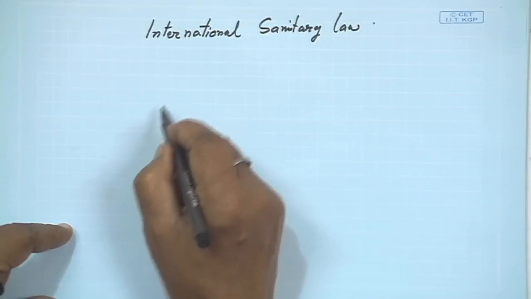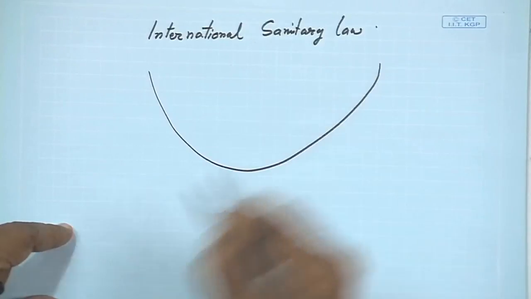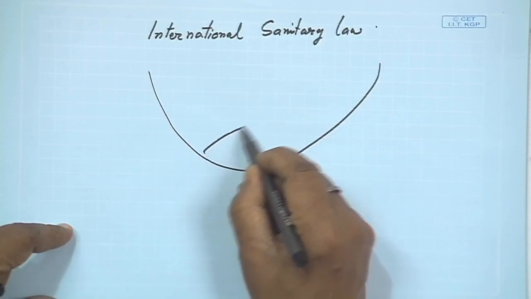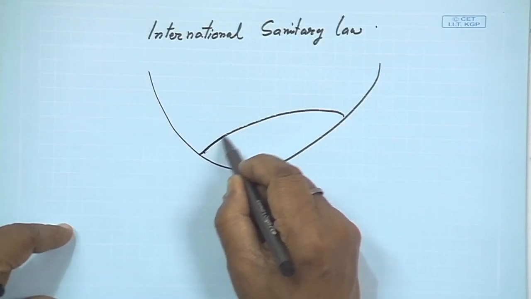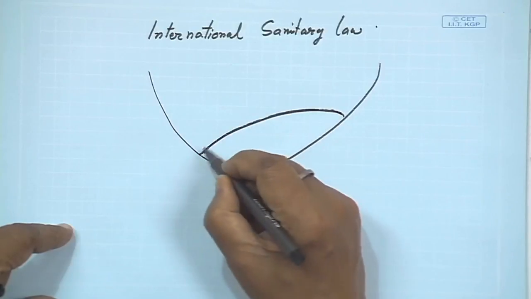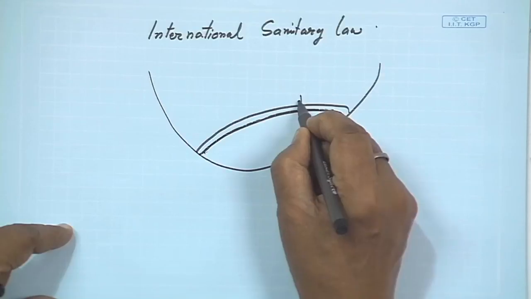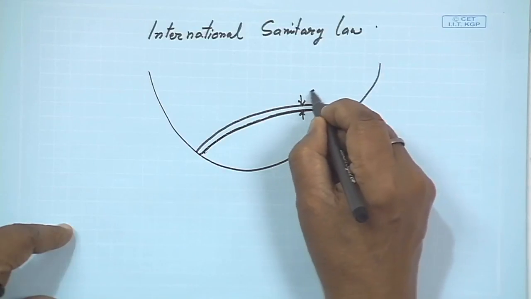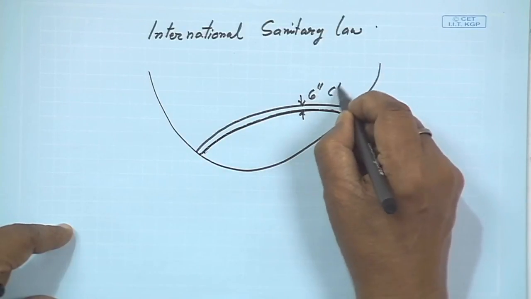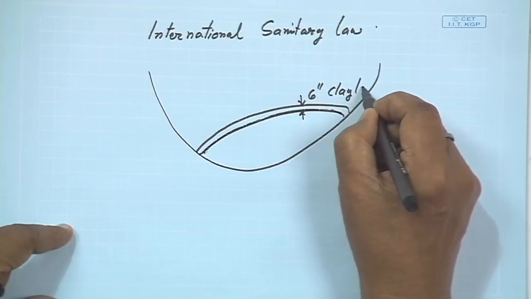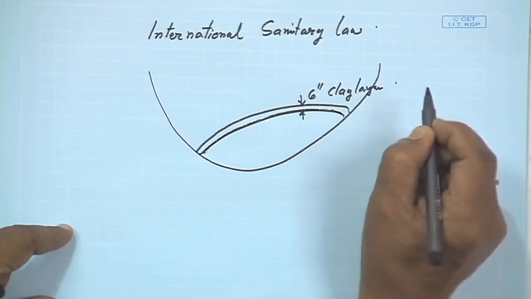Now the international sanitary law says, suppose this is the landfill where you put your waste like this. If you dump any kind of solid waste, within 24 hours it should be covered with a 6-inch clay layer. This is the 6-inch clay layer. Why?